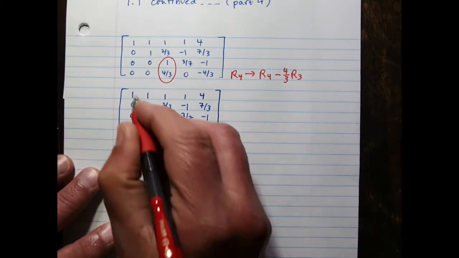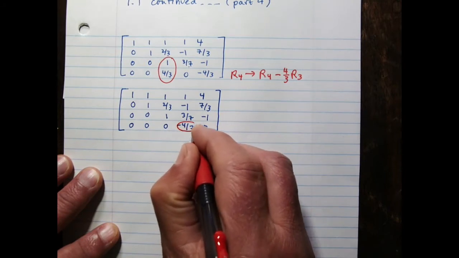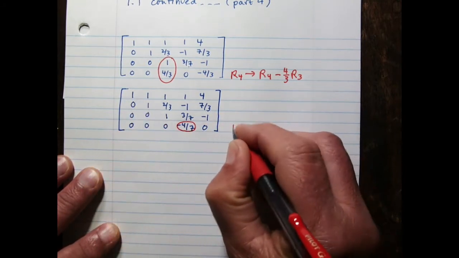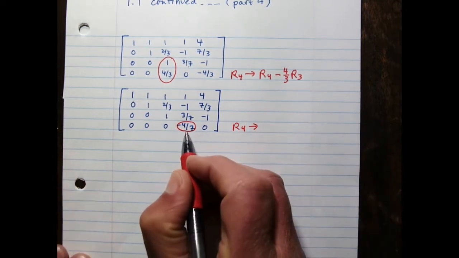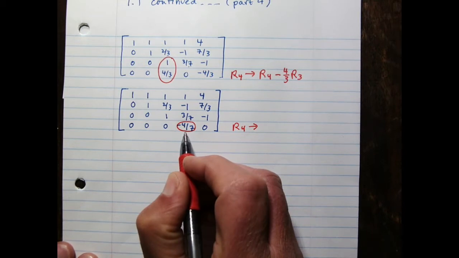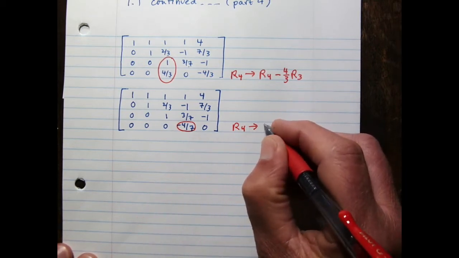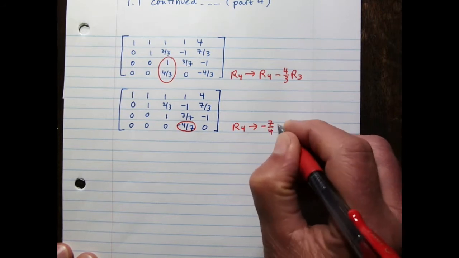So now, as we move diagonally down through these 1s, we're down to the 4th row, and we want a 1 in this position. So we want to change row 4. We want to replace row 4 with a multiple to get a 1 in the position I just circled. So I need to multiply by -7/4.